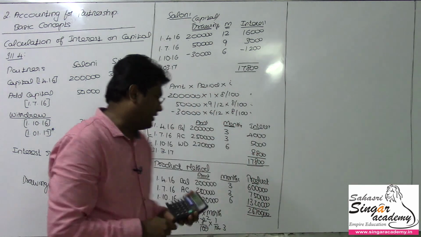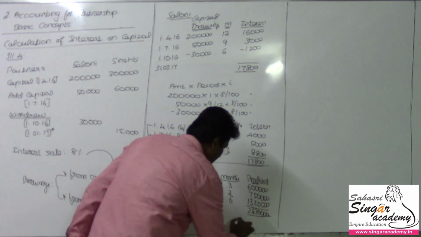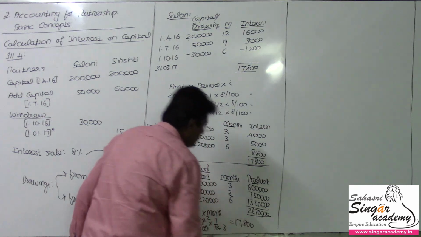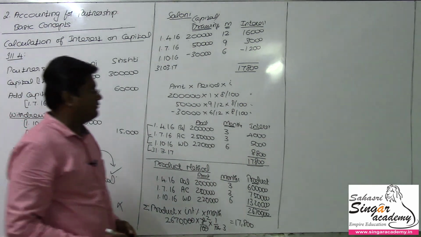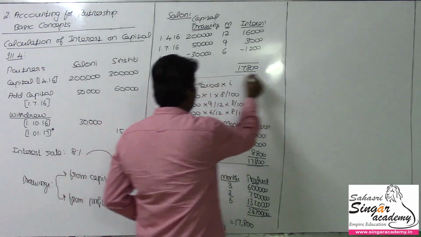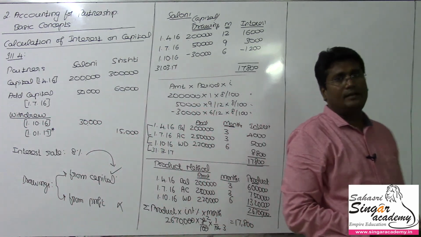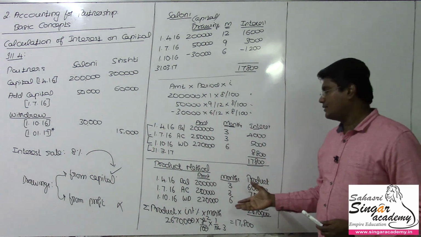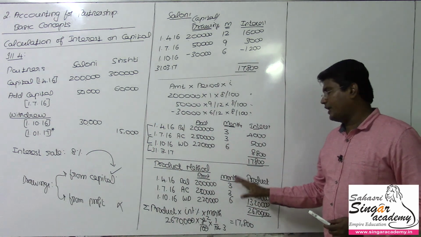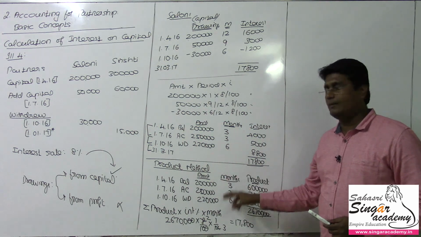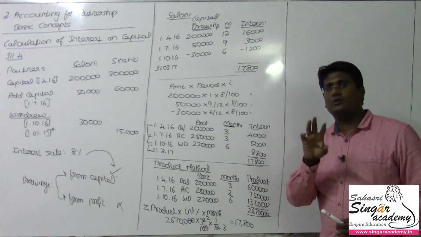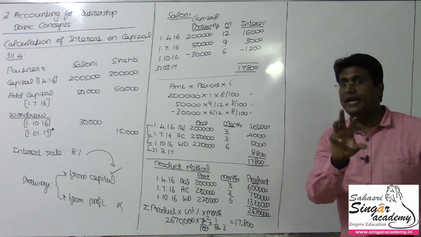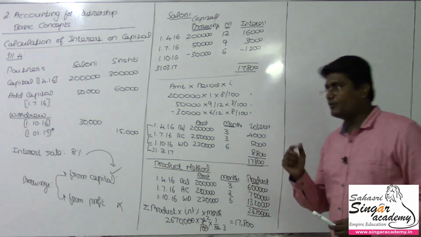The answer is 17,800. To make you confirm that you will be getting the answer under all the models, you can follow one of the models to arrive at that. To make you understand, I have given all the 3 models here, and it is applicable for the banking sector. Rather than month, they will calculate using the days, amount into the number of days such amount is available. Right here it's 3 months, which means you have to calculate the number of days for this period. That's how you can do it.